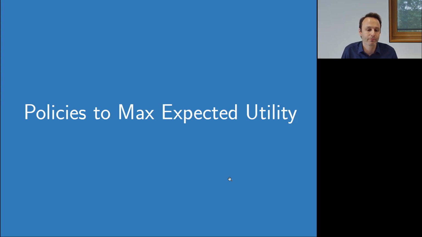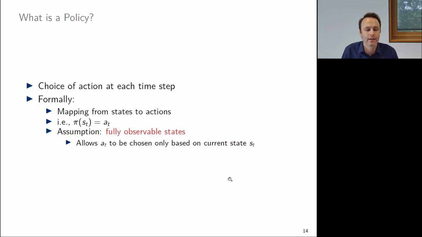And what is a policy? That would be the next question. So basically, a policy is a choice of action at each time step. Formally, we can write this up as a mapping from a state to an action. And we write that up as pi.